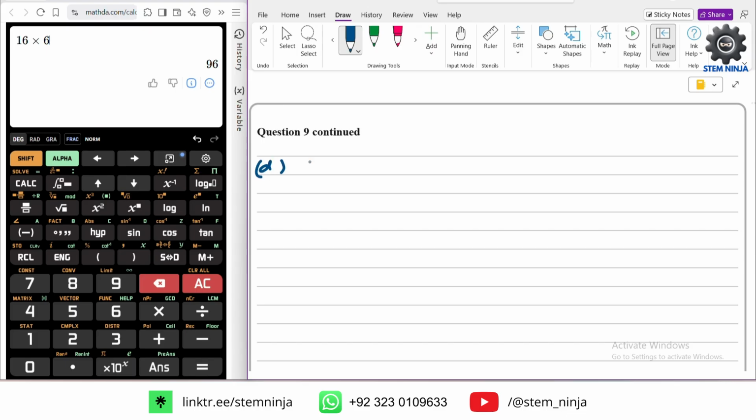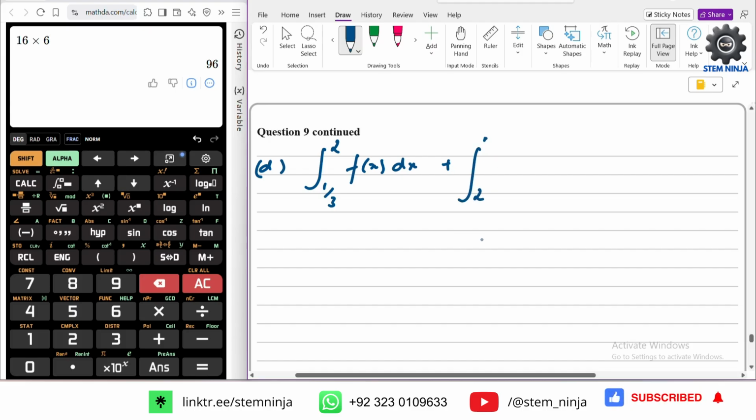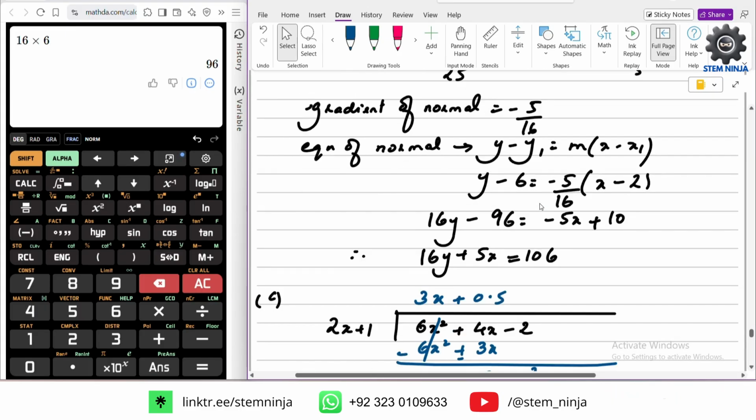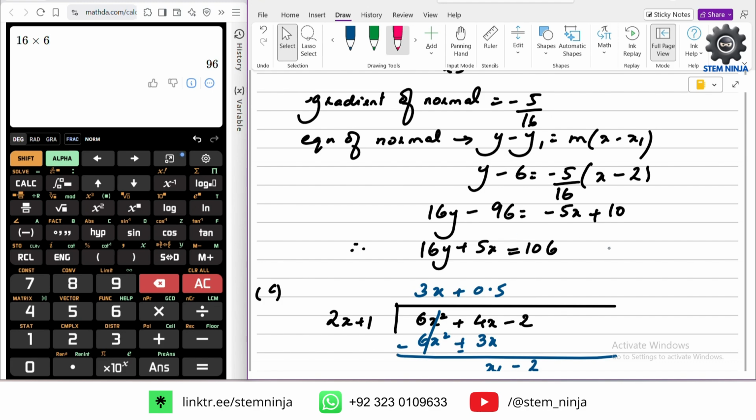So D part, integral from 1 over 3 to 2 of f of x dx plus from 2 to, we just need to plug in x is equal to 0 over here. So when we plug in x is equal to 0, we get 16y equals to 1 over 6. So 1 over 6 divided by 16, this is 53 over 8.